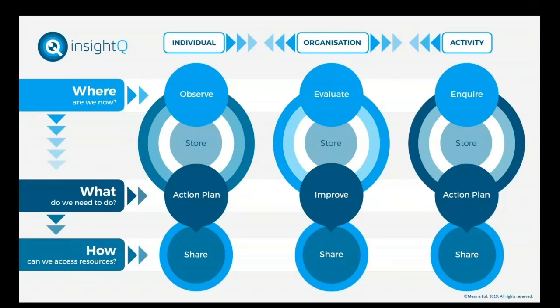Then just thinking about the how, so you might have in there underneath Observe, Evaluate and Inquire, you might keep together your quality documents, whether that's policies, processes, procedures, evidence, reports, etc. And you can enable permissions to these in folders as you need them.